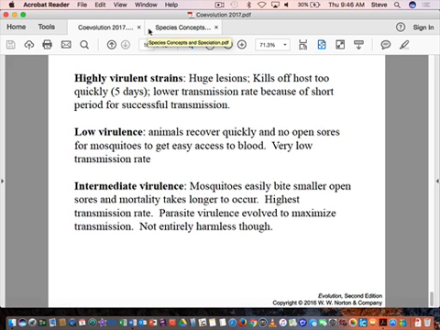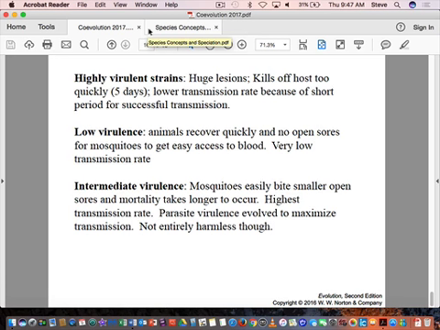The intermediate virulence is where mosquitoes easily bite. These had much smaller open sores, and mortality does occur, but it often takes 30 to 40 to 50 days for the mortality to occur, if it ever does at all. So the mosquitoes can easily bite smaller open sores, and the mortality takes longer. And it turns out these kinds of strains have the highest transmission rate.